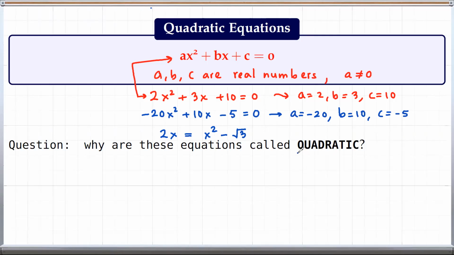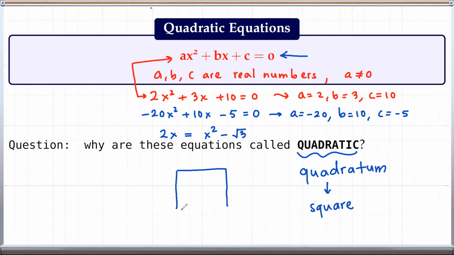So this word quadratic comes from the Latin word quadratum, which simply means square. Now, how is this equation connected with square? A square is an object like this one.